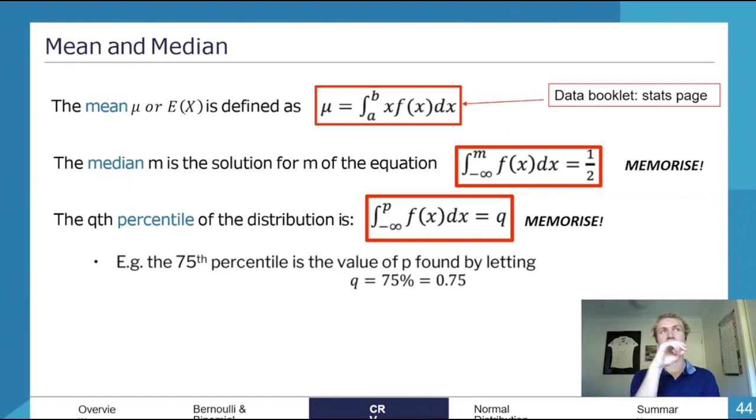You can also go from m to the upper bound, which equals half. So you do have to memorize this. If you see median, you say let median equal m, then write down this formula, sub in the probability density function, and solve for m.